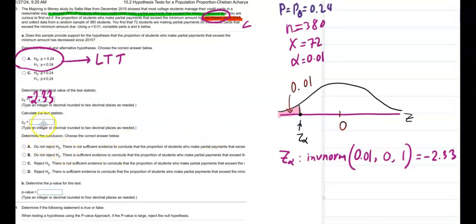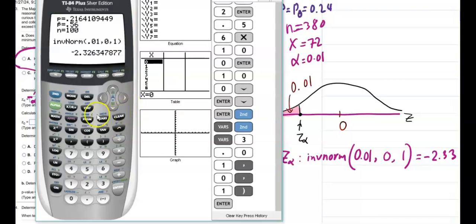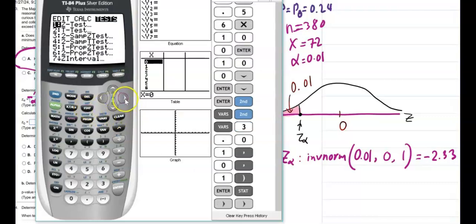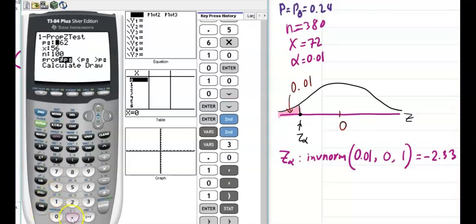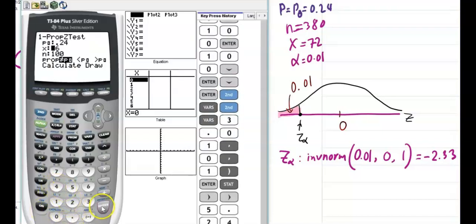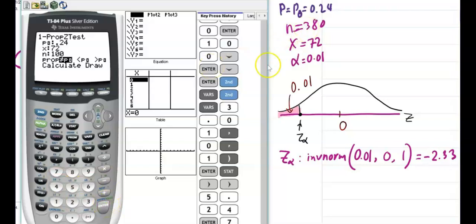Now let's find the test statistic. To find the test statistic, as before, we use a calculator. So I do STAT, TESTS, number 5. P0 here is 0.24. That's the population proportion, also called the claimed value. 0.24, then the sample size, x value is 72, and the sample size is 380.